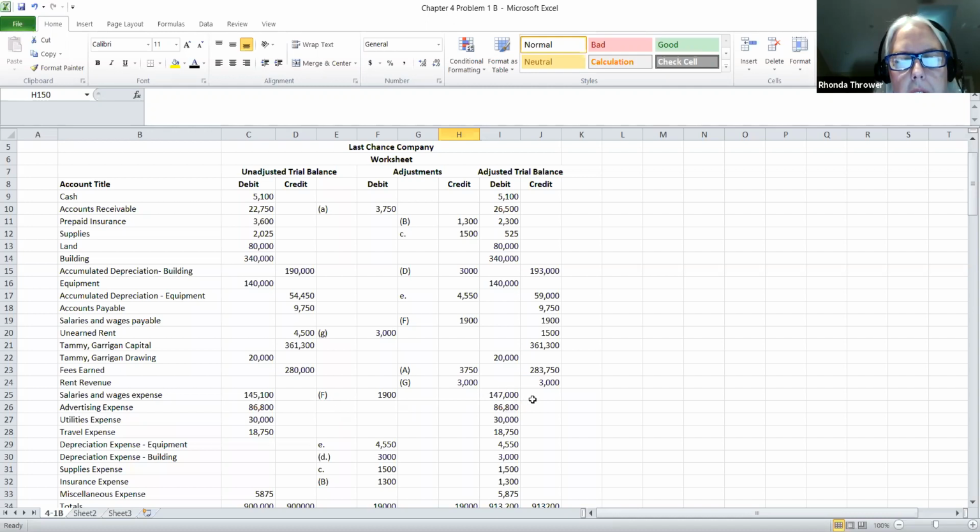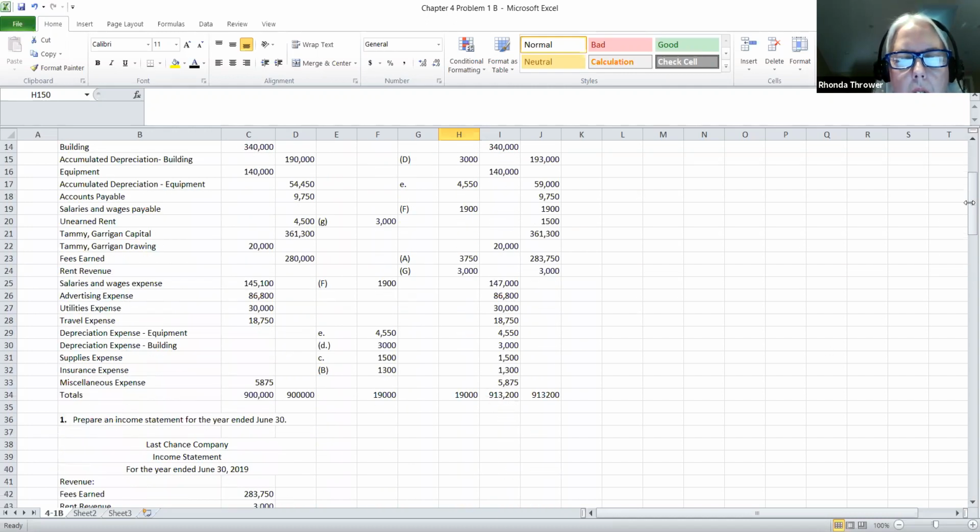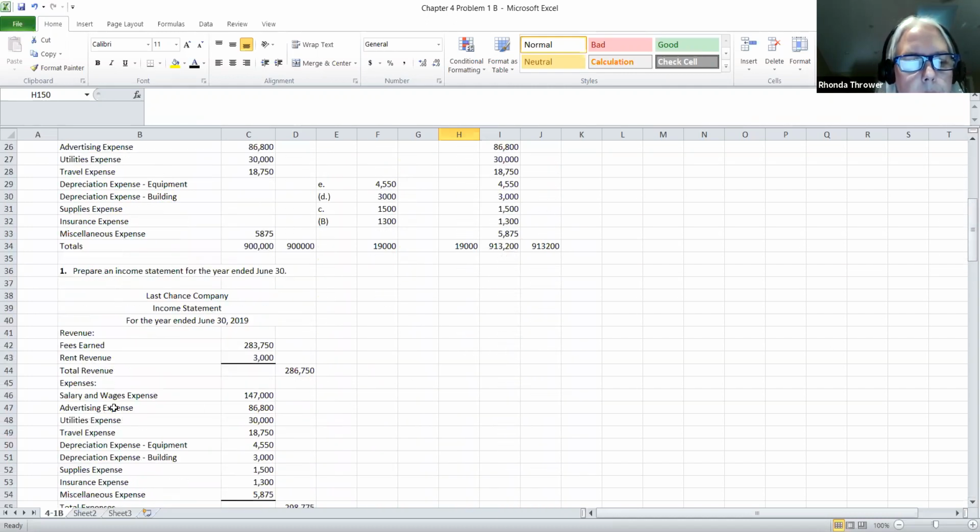Go all the way over to the adjusted trial balance and pick up the amounts for your expense. You would do that for each one of these expenses, and all of these expenses are just recorded in the income statement as a list, and the amounts come from the adjusted trial balance.